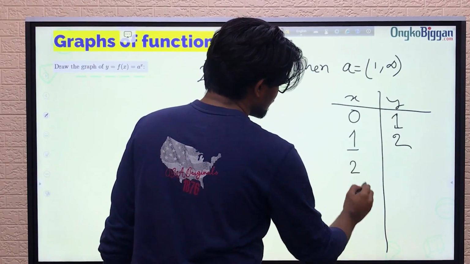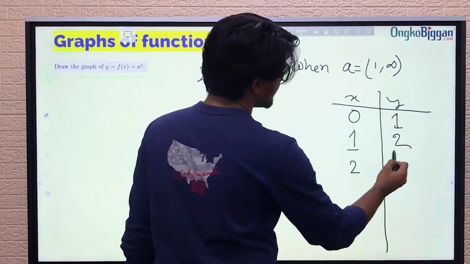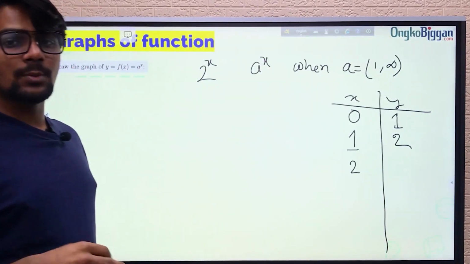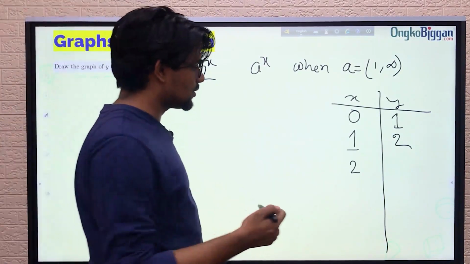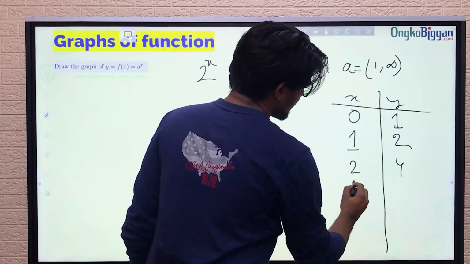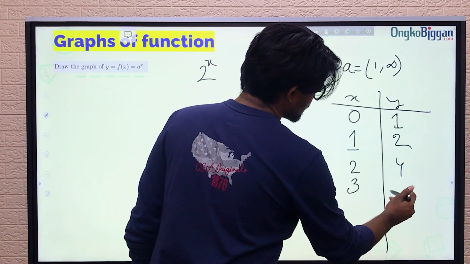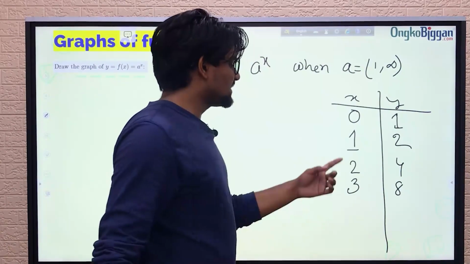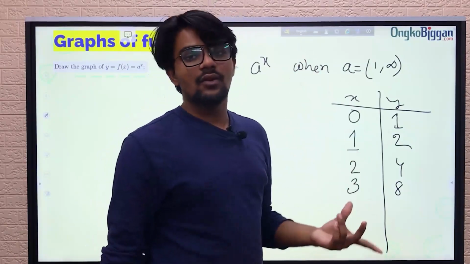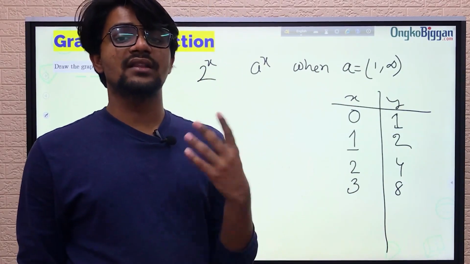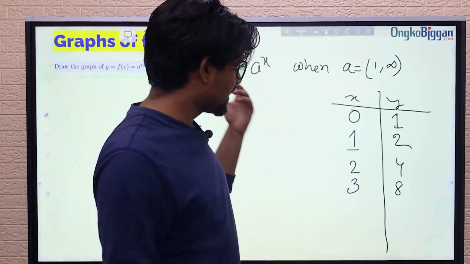Then we can work without a calculator. If x is equal to 2, we get that the value of y is 2 to the power of 2, or 2 square, that is equal to 4. If x is equal to 3, we get 2 to the power of 3, that is 8. In similar way, we see that as the value of x is increasing, the value of y is also increasing.